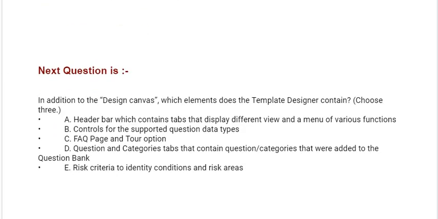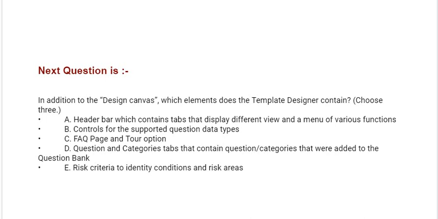Next question is, in addition to the design canvas, which elements does the template designer contain? Choose 3 options. Option A. Header bar, which contains tabs that display different views and a menu of various functions. Option B. Controls for the supported question data types.